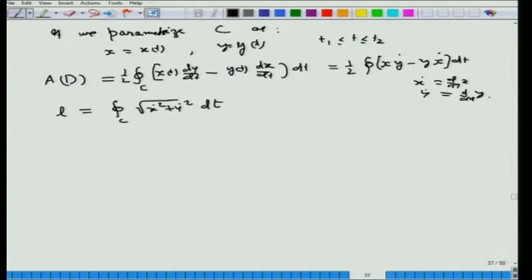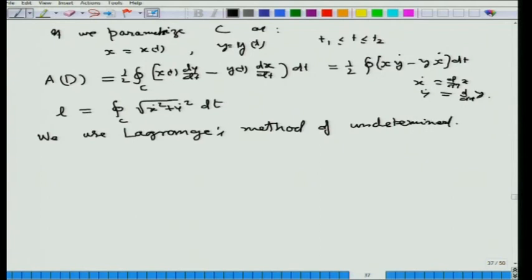So, we use Lagrange's method of undetermined parameters.